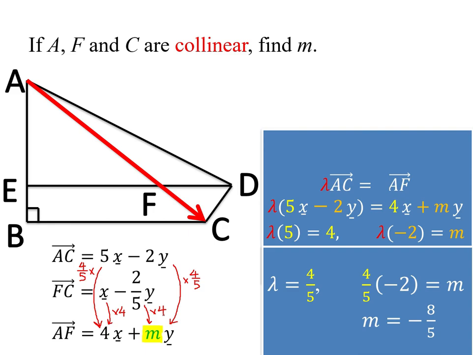So this is considered the shortcut. How we find the value of the unknown based on what we understand here. But of course, if you cannot see the ratio between them, or you don't know what value you're supposed to multiply in order to get another vector, then we just make use of lambda to help you identify.